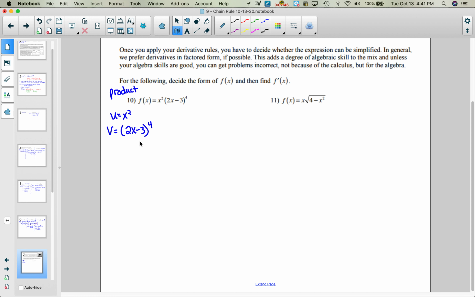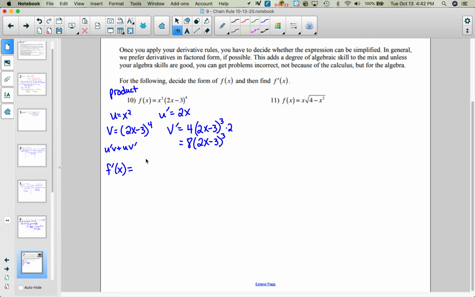So then we're going to have u prime is 2x, and v prime, this is where I'm going to use the chain rule, we're going to have 4 times 2x minus 3 to the 3rd power, then times the derivative of what's inside, which would be 2. So I get 8 times 2x minus 3 quantity to the 3rd power. So I do all that, and now that means the derivative, remember it is u prime v plus u v prime.